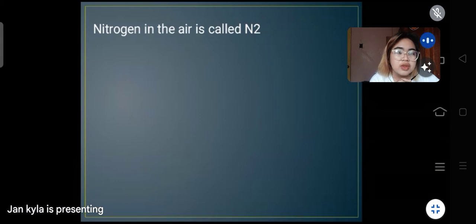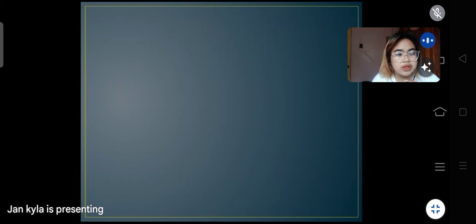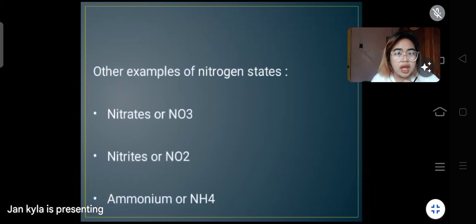For nitrogen to be used by living things, it needs to change into different states. Nitrogen in the air is called N subscript 2, and other examples of nitrogen states are nitrates, nitrites, and ammonium.